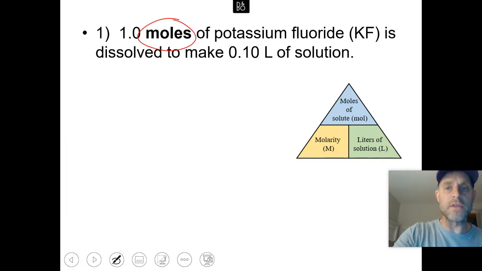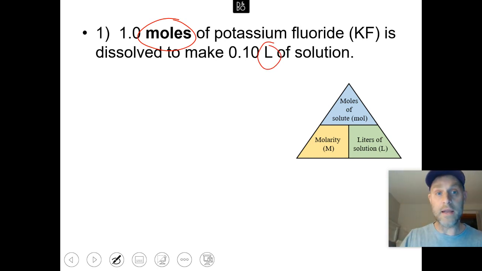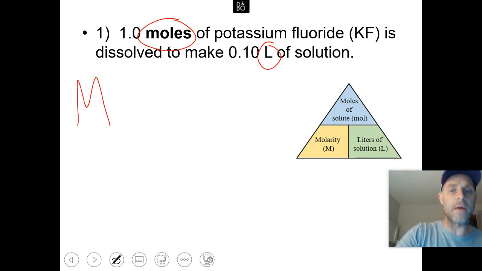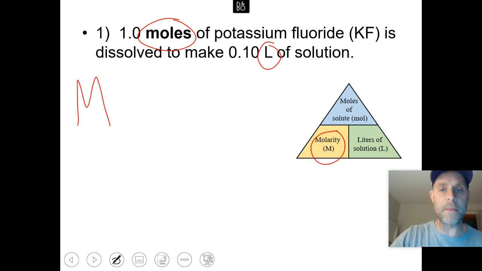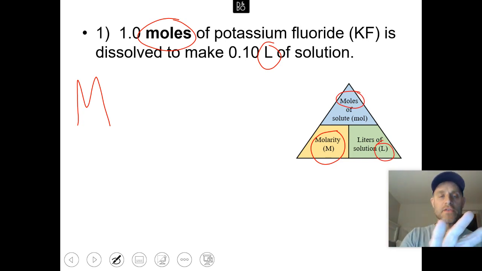First one is moles and liters, all right? And it asks for molarity. And remember, molarity is capital M. So look at the molarity triangle, right? There's 3 things: molarity, capital M, moles, and liters. So if you have those 3 things, all you have to do is use the triangle.